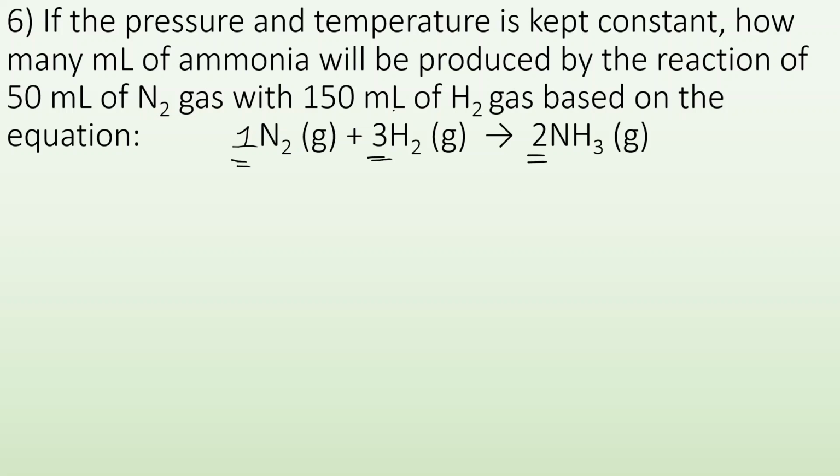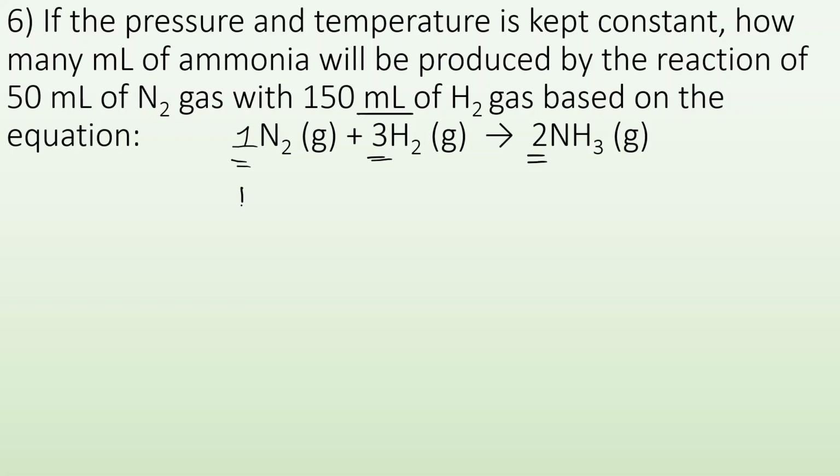Now when we're dealing with volumes of gases, it doesn't matter what the gas is, whether it be N2 or H2. If it's at the same conditions, it'll occupy the same amount of space for each mole of gas. If I have 1 mole of N2 and 1 mole of H2, they're going to take up the same volume at the same temperature and pressure.